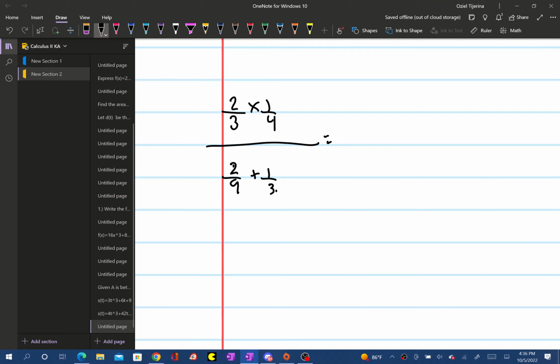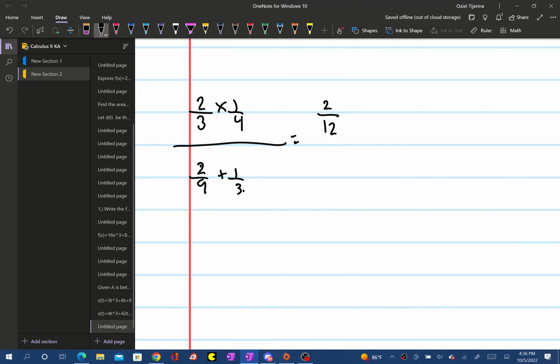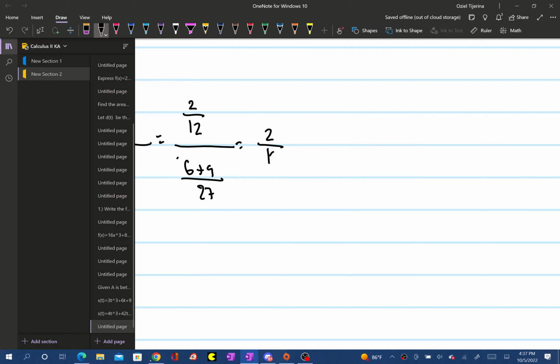So this would be 2 over 12 over, and then we have 6 plus 9 over 27. So we have 2 over 12 divided by 15 over 27. That's 2 over 12 times 27 over 15.